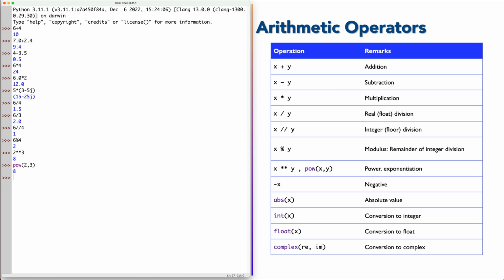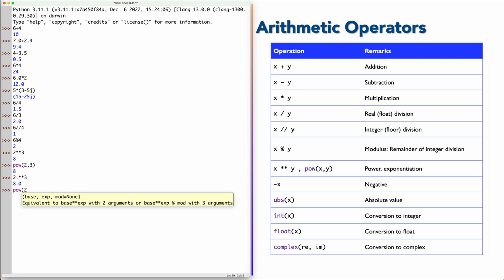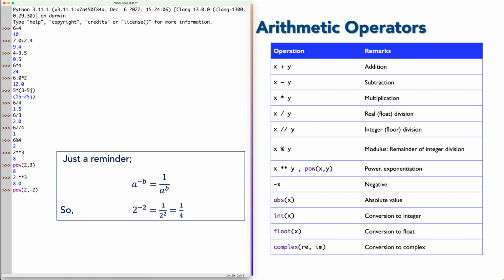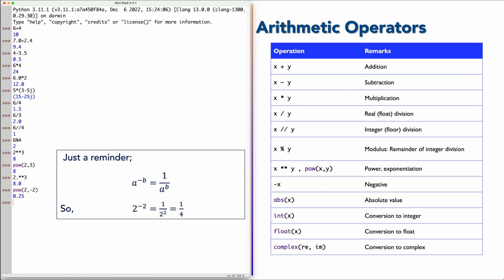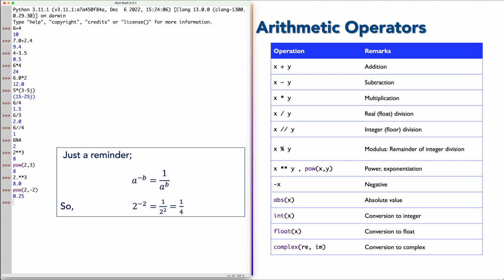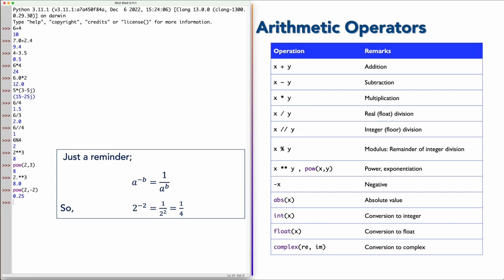For example, if we say 2.3, so 2 here is float, the result will be float. For example, if we say 2 and minus 2, although they both are integers, because of the negative power, it returned a float value.